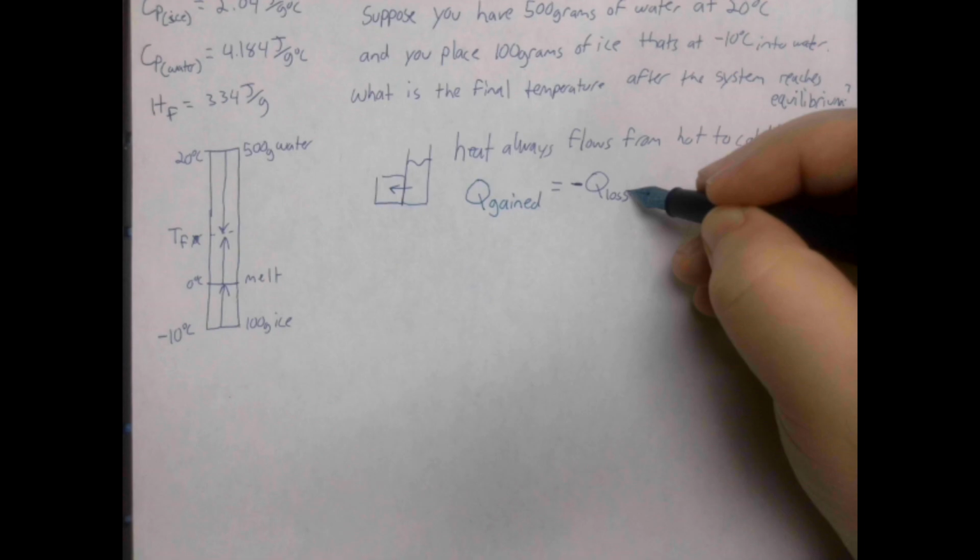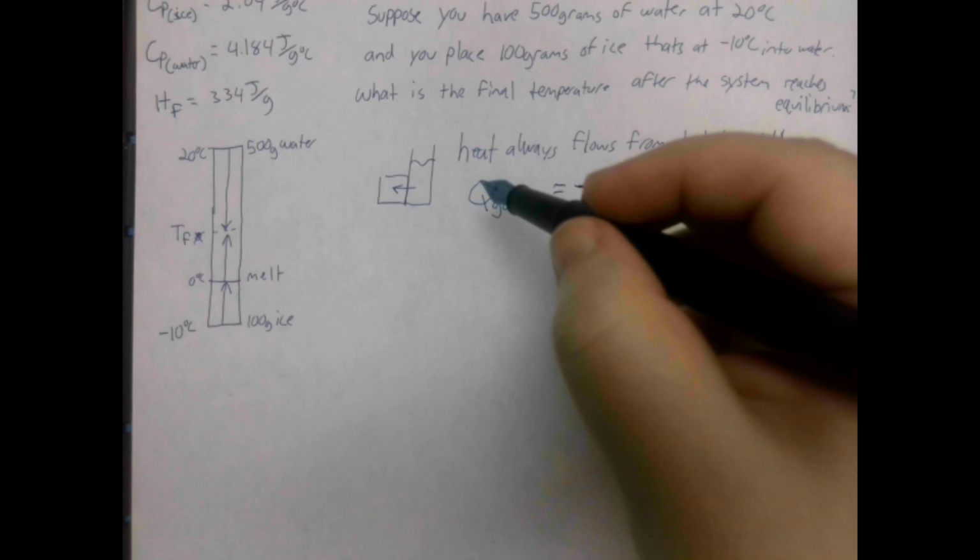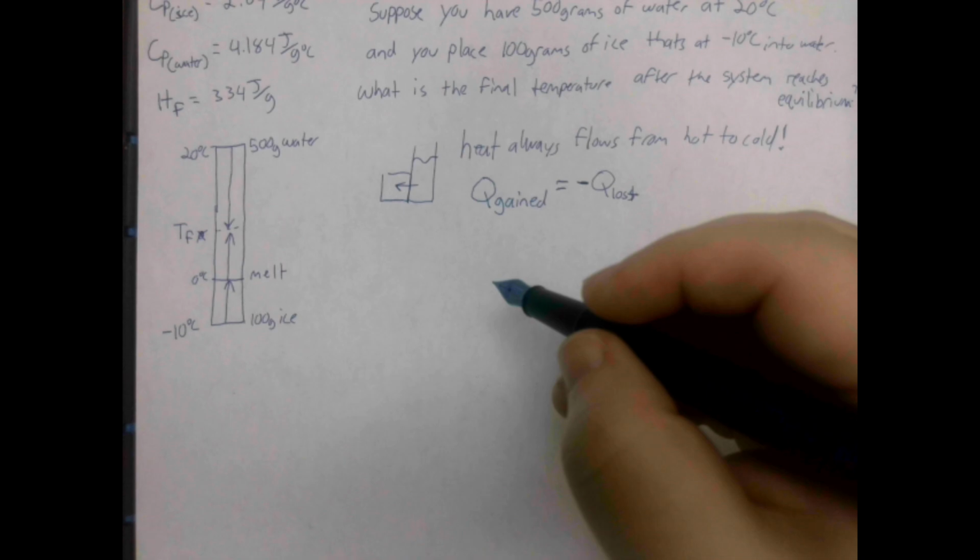Because these arrows are in opposite directions, they're going to have the same magnitude, but we need to flip them around, so we add this negative sign. Or I should say, it's because heat lost has a negative, and we need to flip them around.